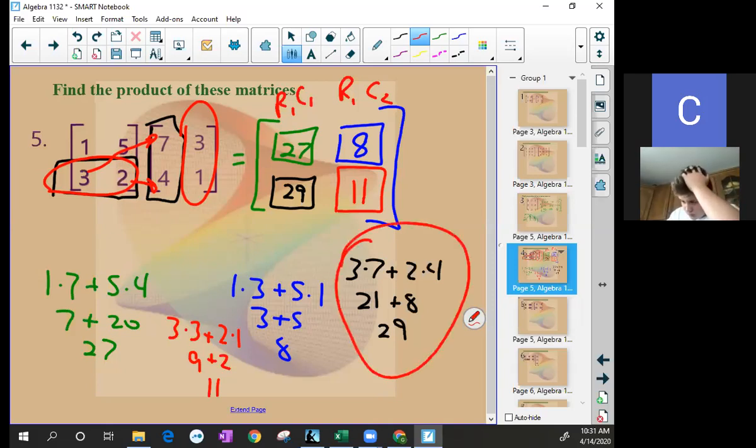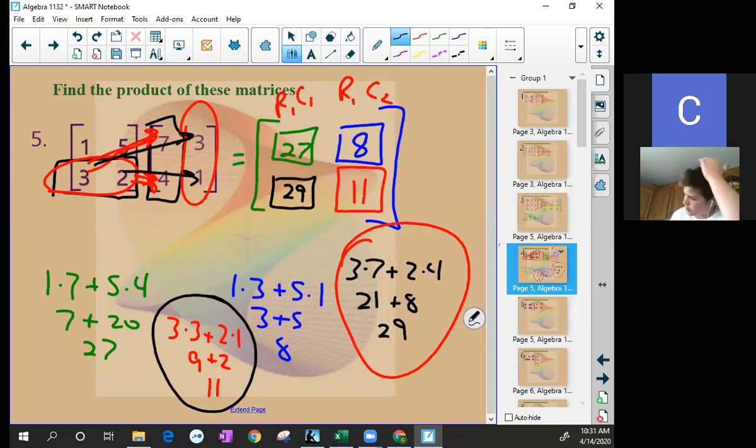Caitlin's asking me about this one here. We took the 3 times the 7 and the 2 times the 4. And so then on the last one, this one here, we take the 3 times the 3 and the 2 times the 1. All right, so that has our answer.